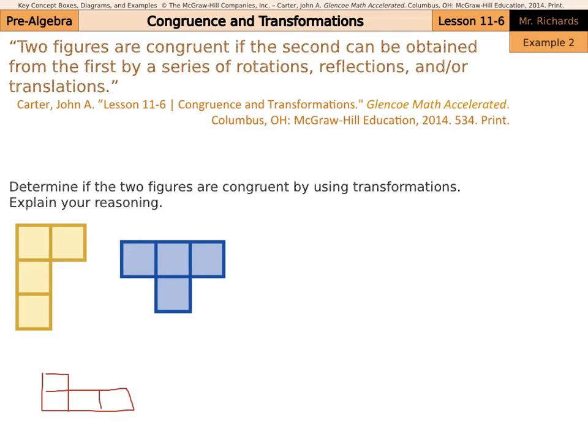If I were to rotate the second figure 180 degrees, so maybe the 3 on the bottom lines up with the 3 on the bottom over here, it would look something like this. And so now that I have the 3 on the bottom lined up, we can see, wait a minute, this piece is sticking off on the left side, this piece is sticking up in the middle.